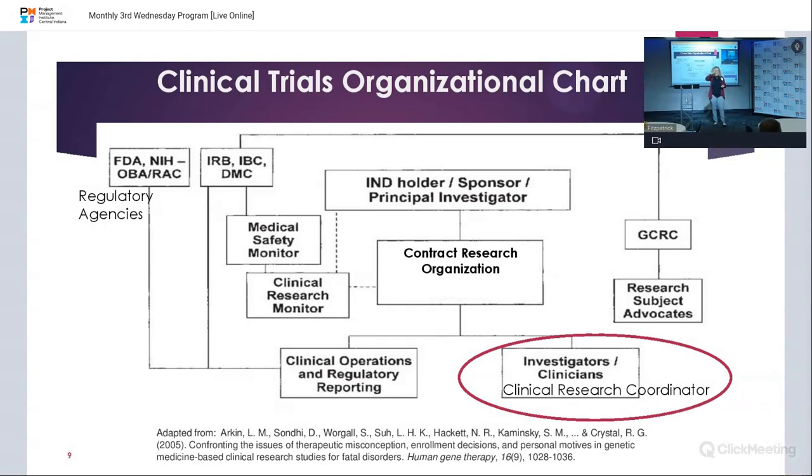There are a lot of people on top of me who didn't have the same goals that I had. My goals were to work with the patients, make sure that they felt empowered, make sure they were making informed decisions, make sure they got the treatments that the protocol said they should get so that we could maintain that they safely participated. And yet I didn't have much authority or autonomy within that role.